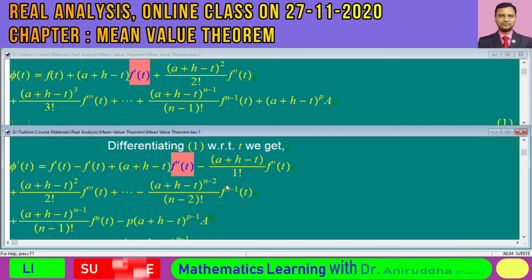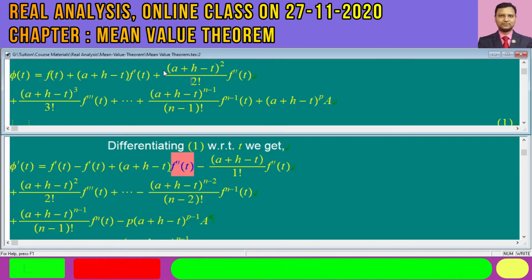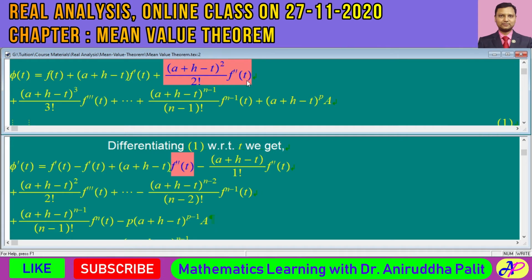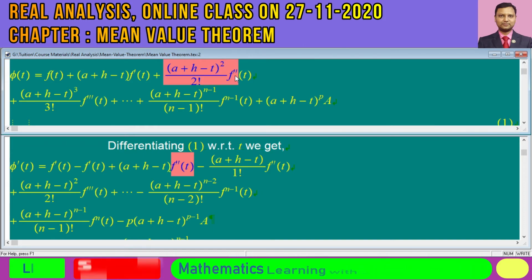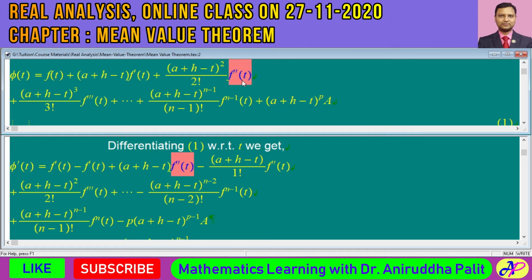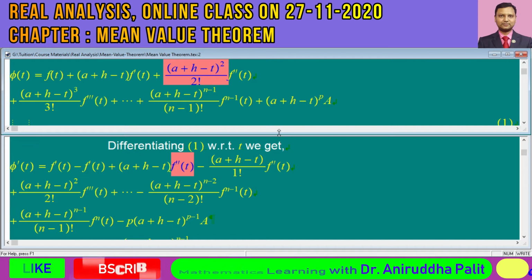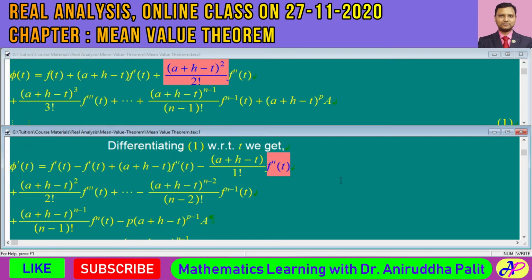Now when we differentiate this term, again we have two different factors: this factor and the second factor f double dash t. Let's first differentiate the first factor and keep the second factor fixed.